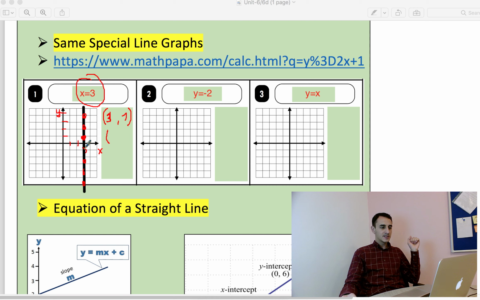This point represents 3, 2. This point represents 3, 4. And let's see this quadrant. For example, this point represents 3, negative 4.